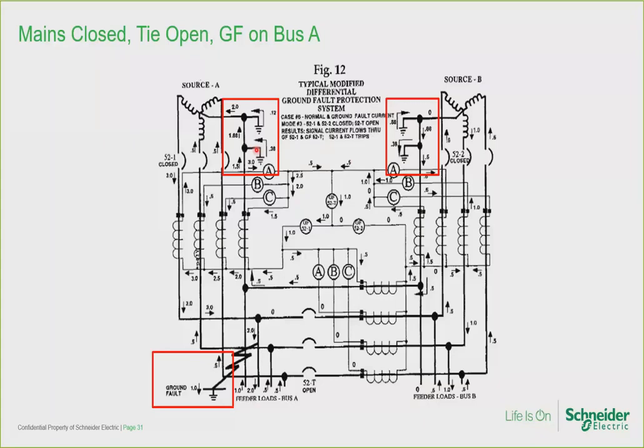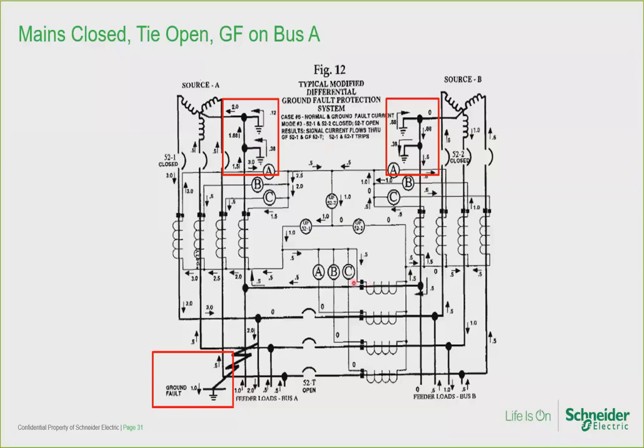Now let's go to the upper right-hand red box. Look at that 0.5 per unit of ground fault current that is flowing into the neutral of switchboard B. This 0.5 per unit ground fault current flows through the neutral CT of the main breaker B to the tie bus neutral, where you can see it flows through the tie bus neutral on its way back to source A. It flows through the tiebreaker neutral CT.